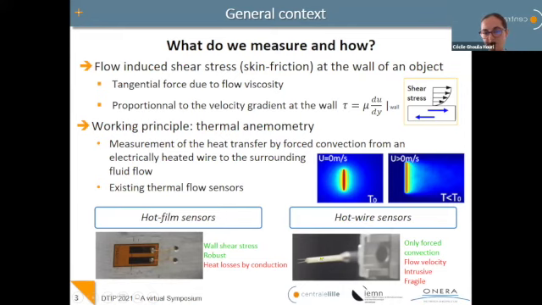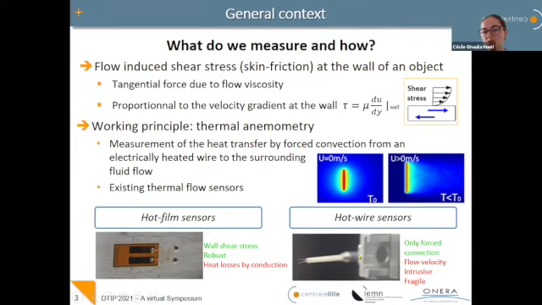On the contrary, in hot wire sensors, the wire is free in the flow field and only fixed by its two extremities to two prongs that you can see here. The wire is not really clearly visible in this photograph. But the advantage is that you measure the forced convection quite well by neglecting the conduction in the prongs.